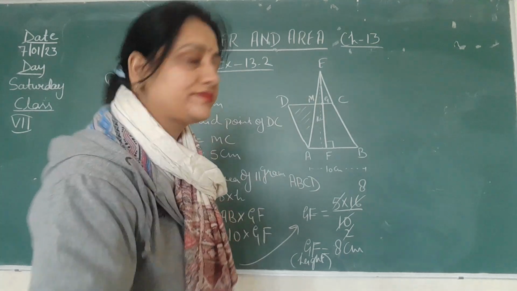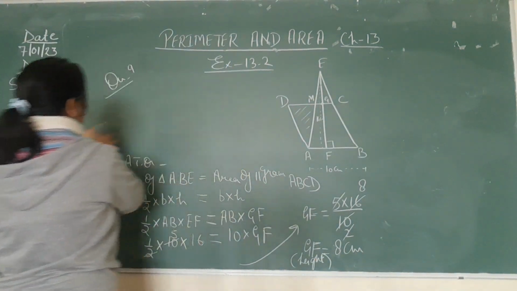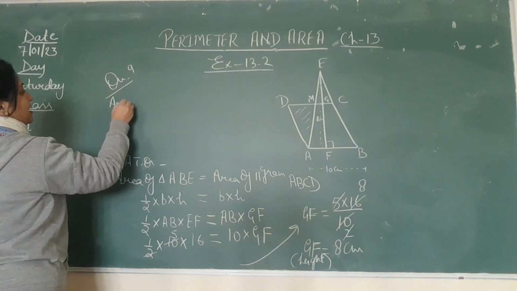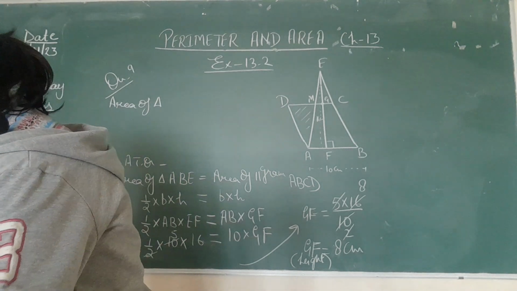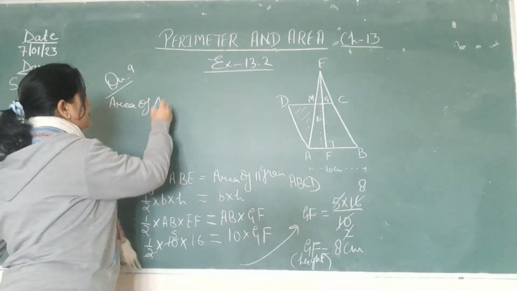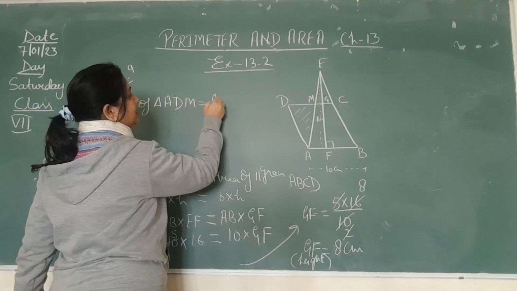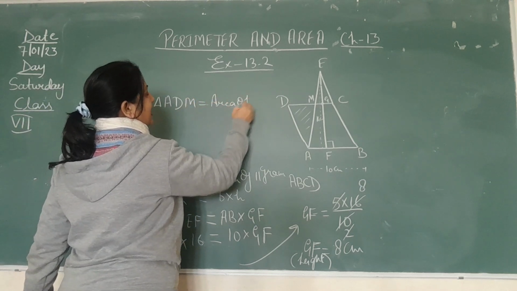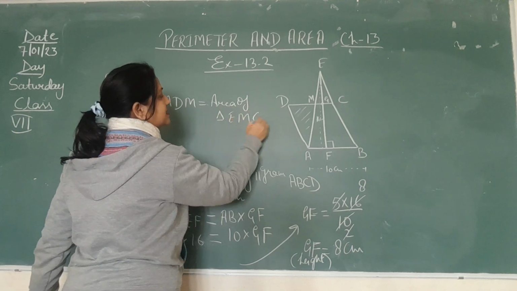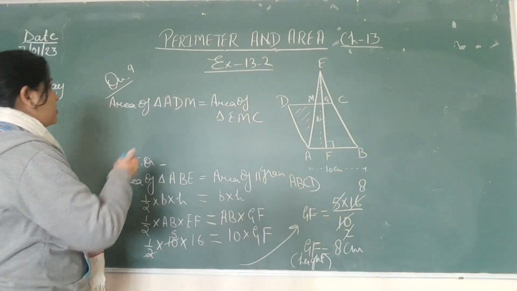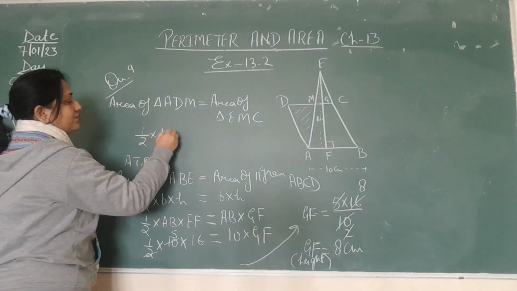So I am going to write: area of triangle ADM is equal to area of triangle EMC. Area of triangle is 1 upon 2 base into height.